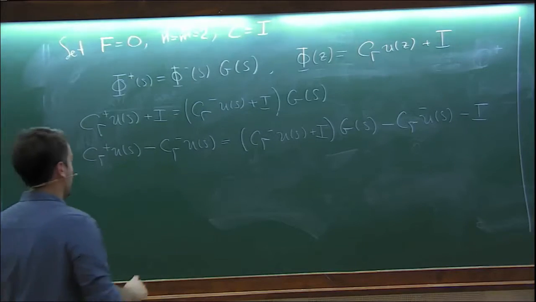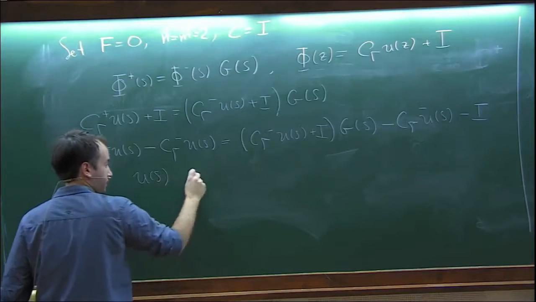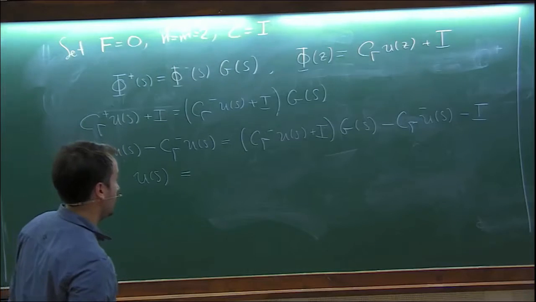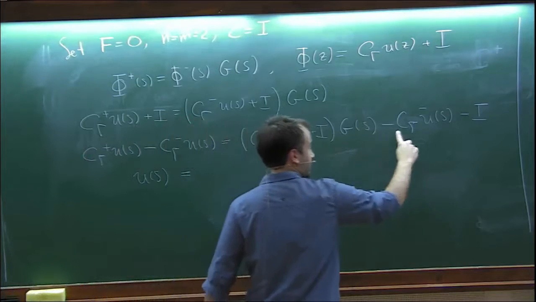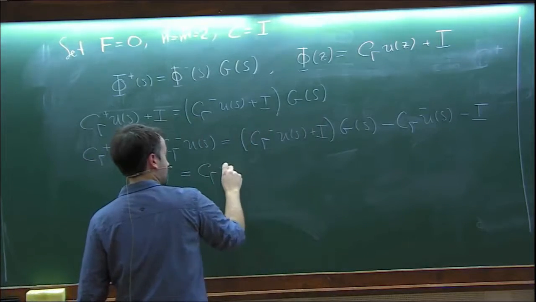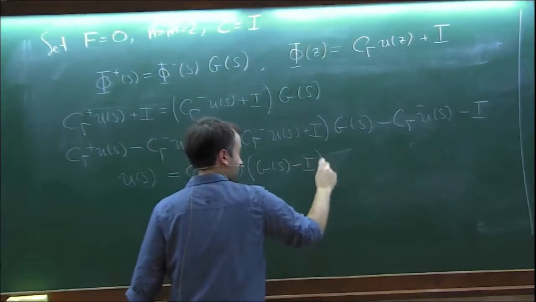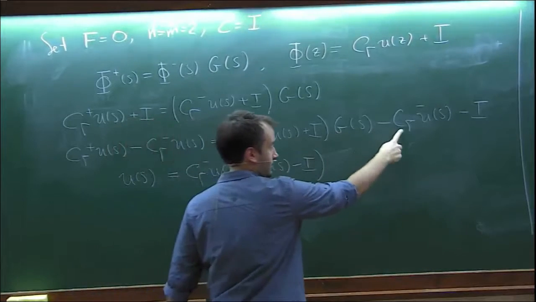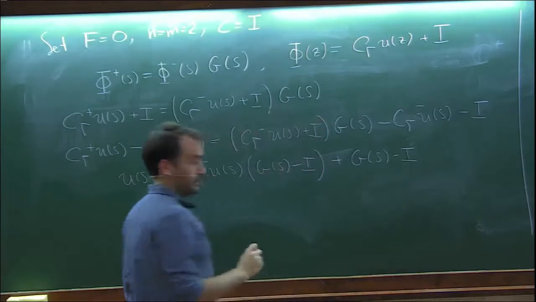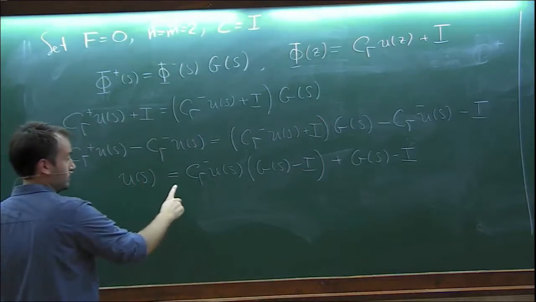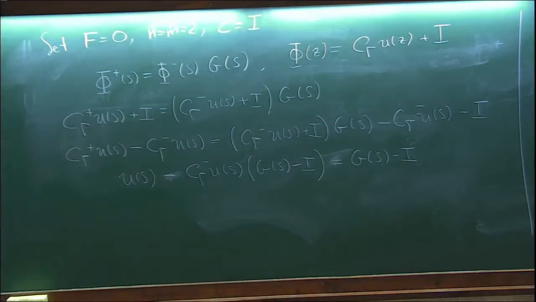And we know that this is just U. I can combine this term with this term as C U minus of S, G of S minus I identity. And then the last part is that. So let's move this over, minus equal. That's what I wanted.